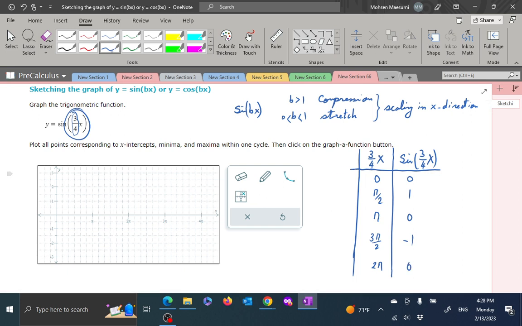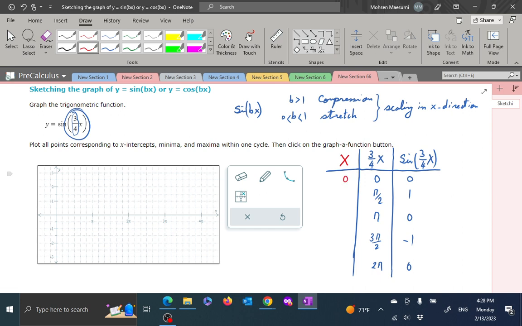Okay, now what? The main modification of the picture is that you're not graphing this thing versus 3/4 of x. You're graphing your picture versus x. So if 3/4 of x is 0, what is x? Well, that's easy. It's just 0.